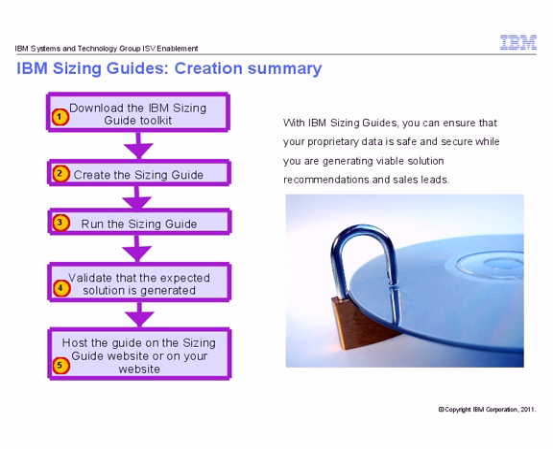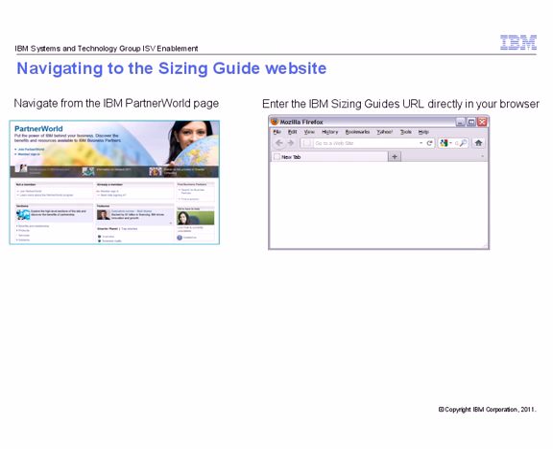Hosting it on the IBM Sizing Guide website allows potential customers, IBM business partners, and IBM or ISV sales teams to access the sizing guide and enter their requirements to generate customized hardware recommendations. There are two ways to reach the IBM Sizing Guide website.